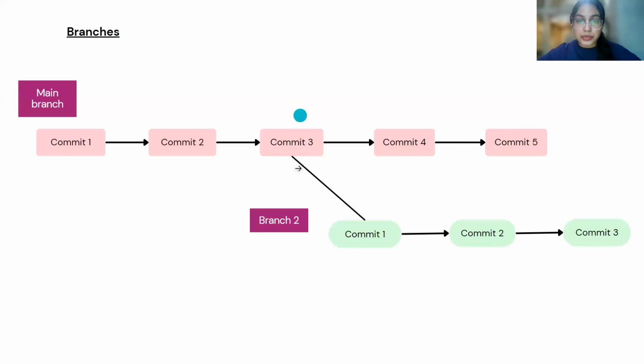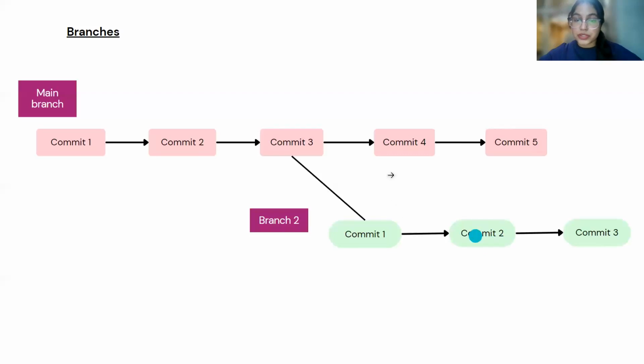So if they had, let's say, 3 files up until commit 3, those 3 files, exactly as they are, are going to be copied into that branch. And then they can work on that branch and make changes. But once they're done with those changes, they need to create a pull request for those changes to be added to the main branch. So they're going to be pushing their changes to the second branch.